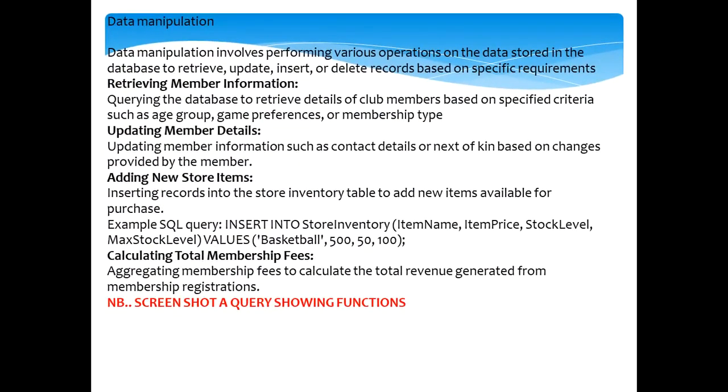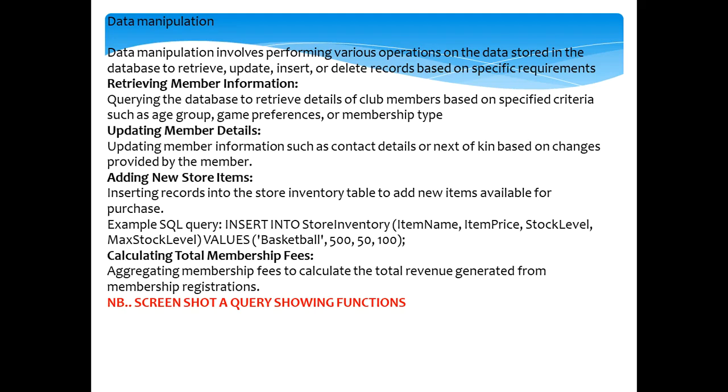Then we have data manipulation. Data manipulation involves performing various operations on data stored in database to retrieve, update, insert, or delete records based on specific requirements. So here, data manipulation, you can show retrieving member information, query.